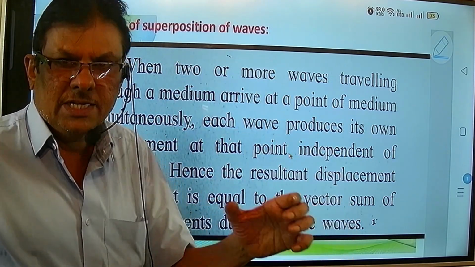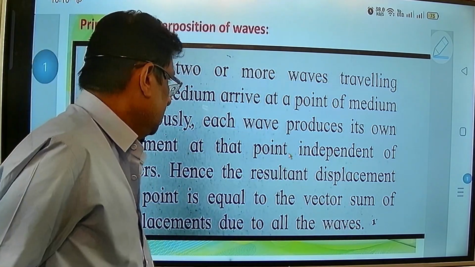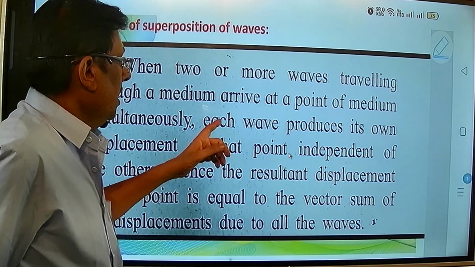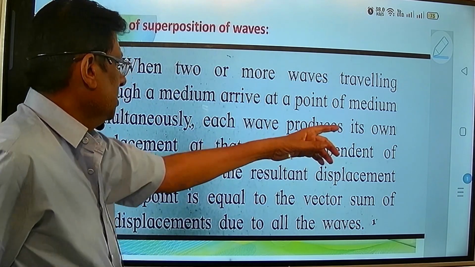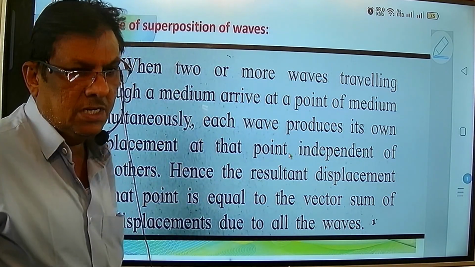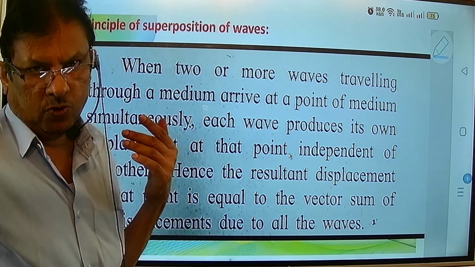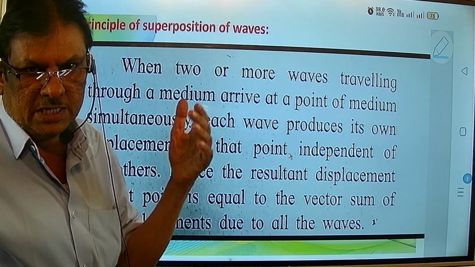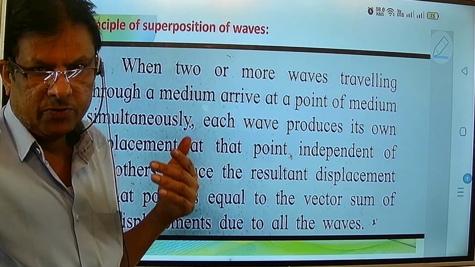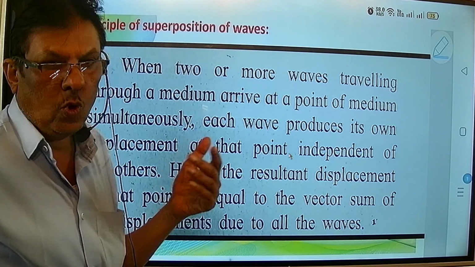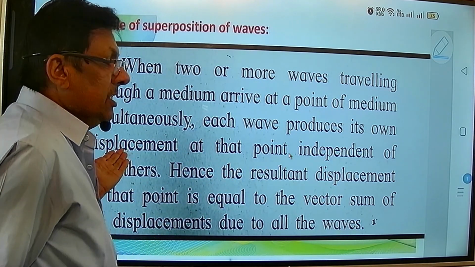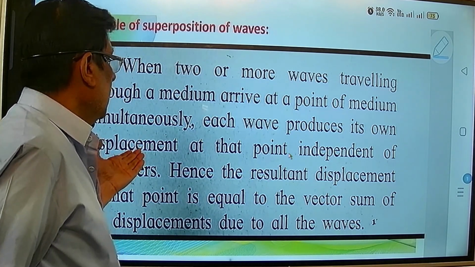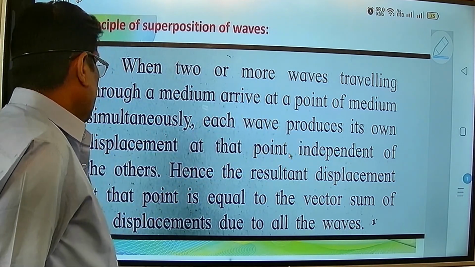And then, whatever scene is created when these 2 trains come together at the point of medium, that is at the point of the platform, first of all each wave, meaning each train, produces its own displacement. Suppose it is coming from Pune to Ahmednagar, so it is 120 kilometers, its own displacement. But this 120 kilometers is independent of the other.